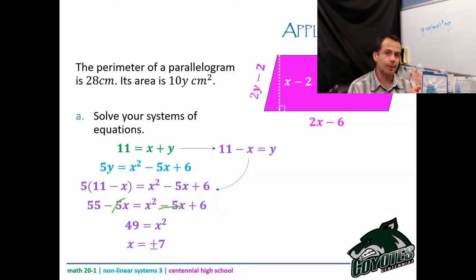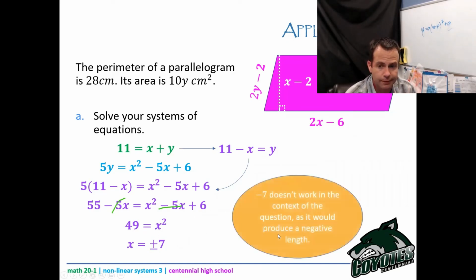Then I need to ask myself, do both of those answers work within the context of the question? The negative 7 does not work because that would end up giving me negative lengths. So I'm only going with the positive 7. I have to say that negative 7 doesn't work in the context of the question, as it would produce a negative length. Now I'm going to take the positive 7 and plug that into one of the original equations.